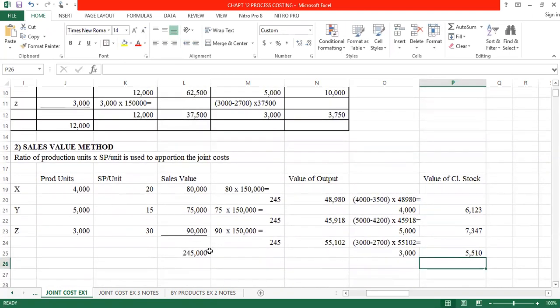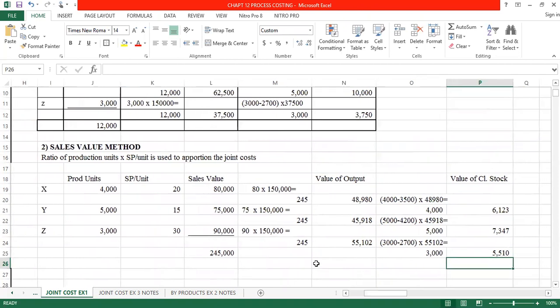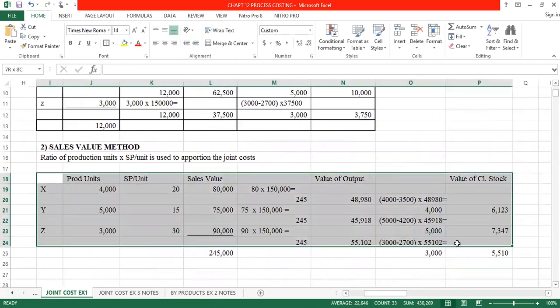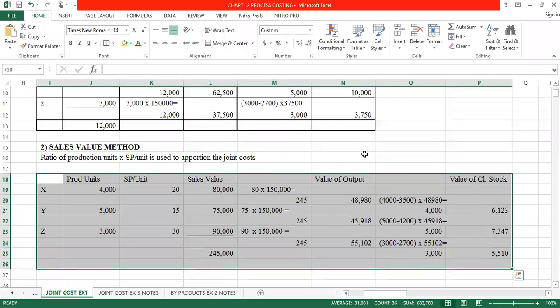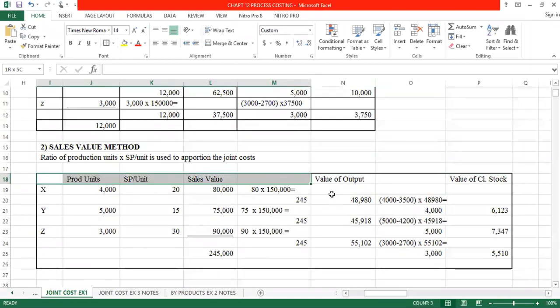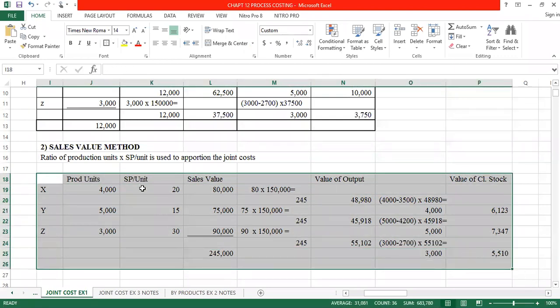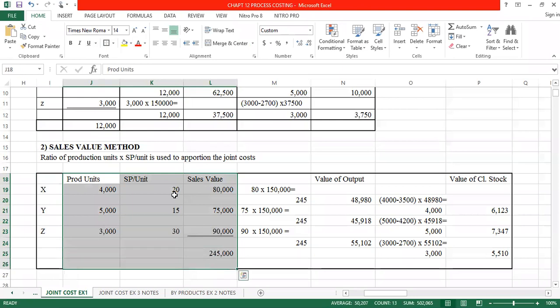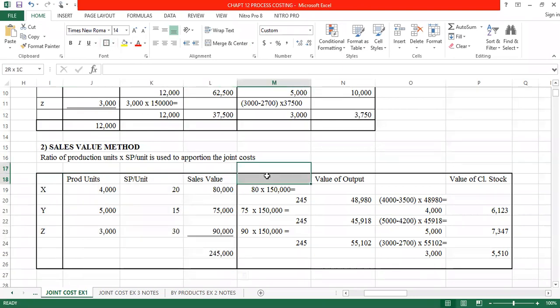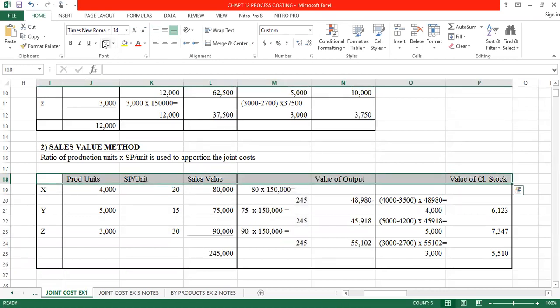That is using the sales value method. So I hope you understand it.